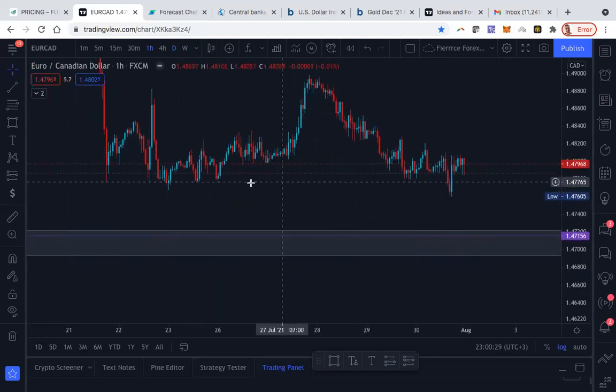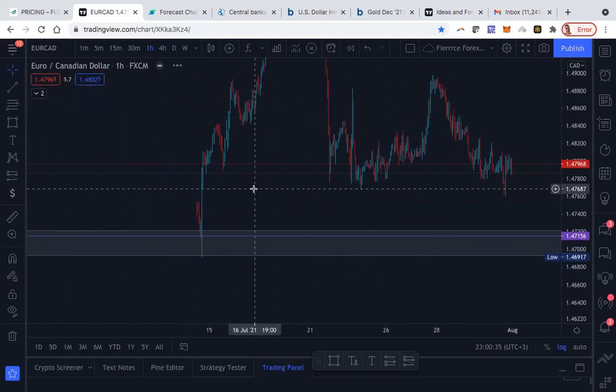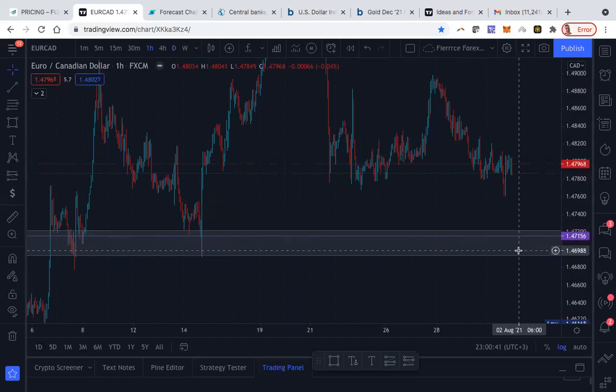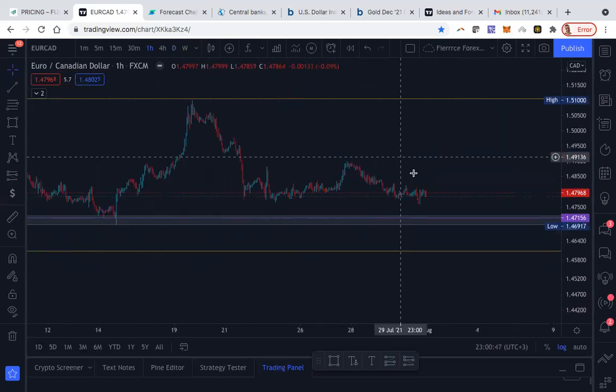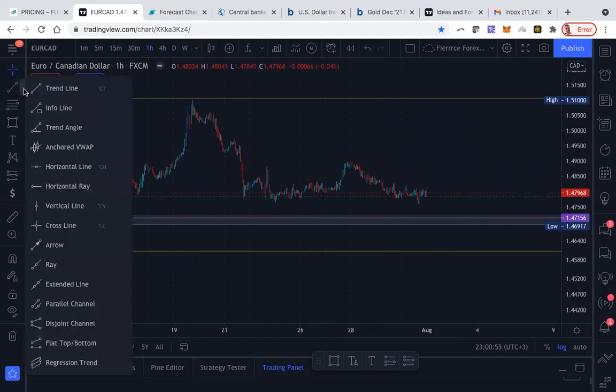But when I look at the lower time frame, yeah, there's room to retest these levels. So technically, we may open lower and then bounce off the 1.47156 zone, within that zone.